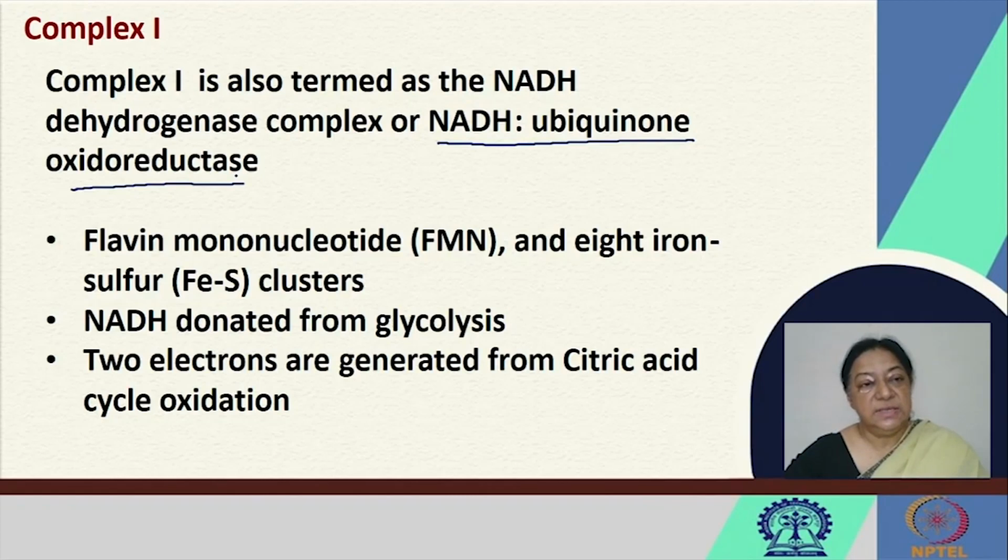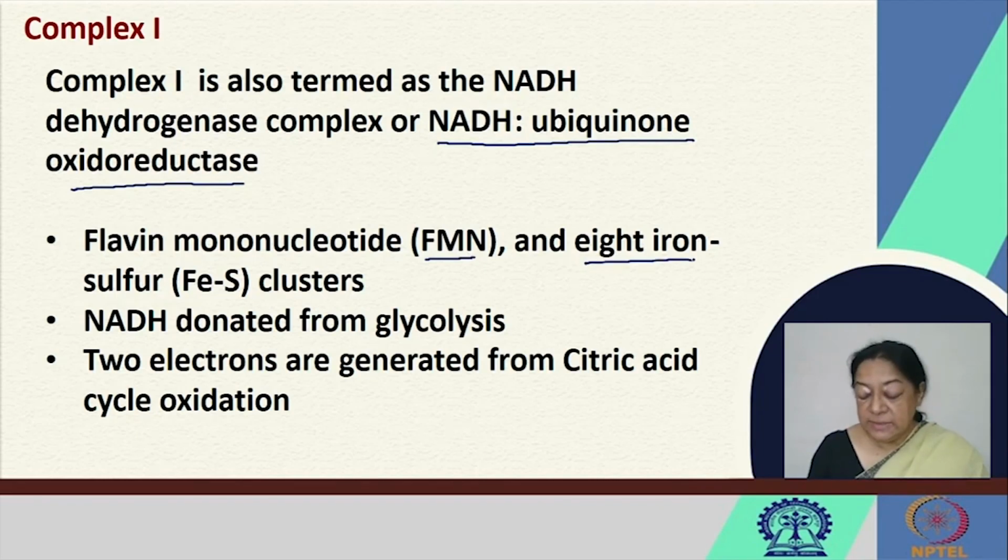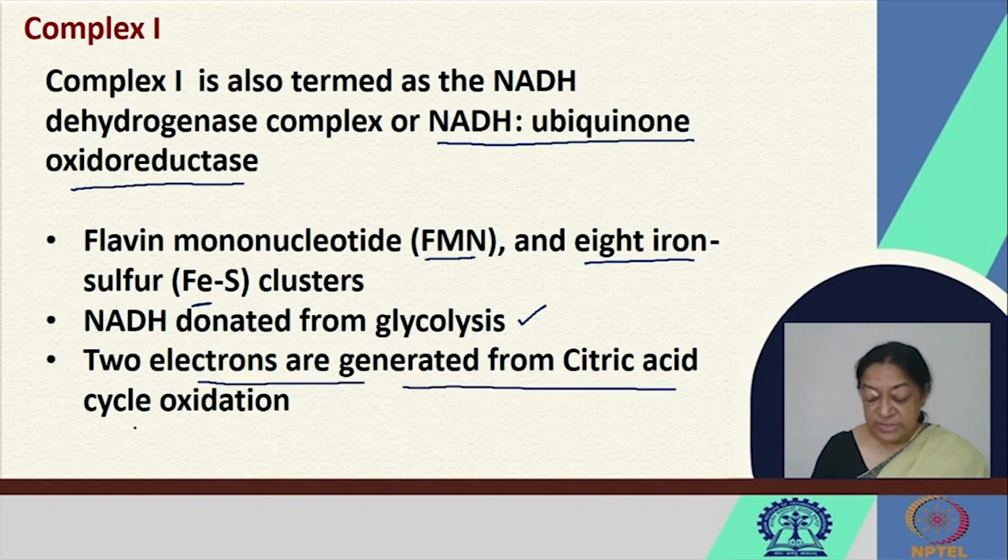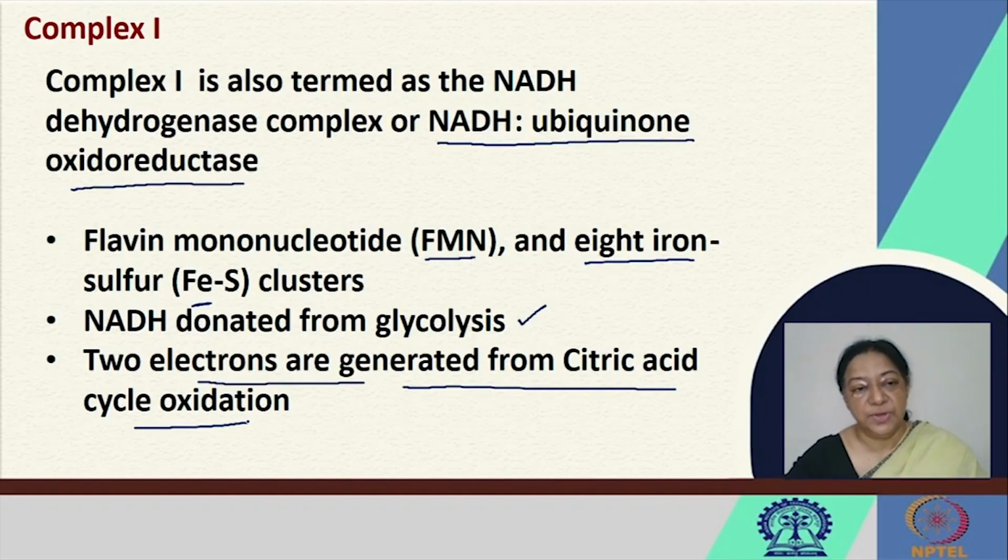In this complex, there is the molecule flavin mononucleotide, FMN, 8 iron sulfur clusters, which we came across in our metalloproteins lecture, NADH that is donated from glycolysis, and 2 electrons that are generated from the citric acid cycle oxidation that occurs in the mitochondria.